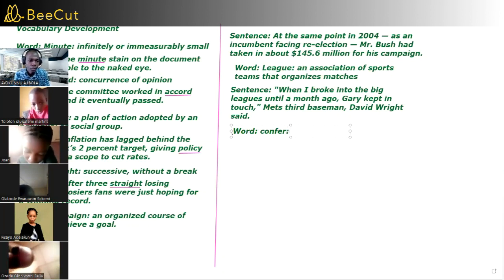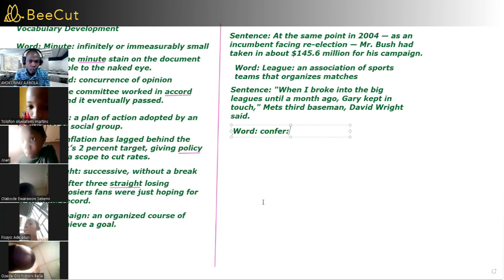Then say, what does the word confer mean? Unmute yourself and talk, Saya. Like to agree or like the thing is correct. Oh, you are talking about confirm.